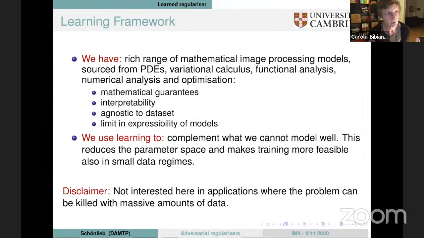But also, intuitively, if you only parameterize the things that you can't model well and learn them from the data, the number of parameters you need is much smaller than if you solved your problem in the first instance by a neural network, without the modeling. So this should work in regimes where I don't necessarily have a lot of labeled data available.